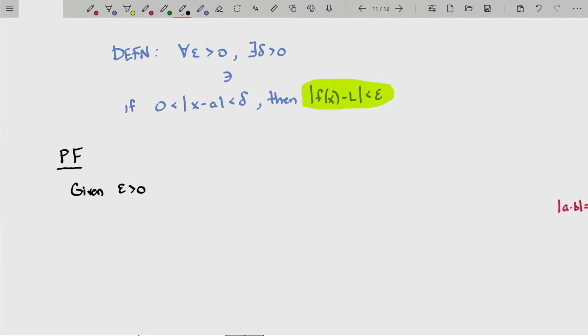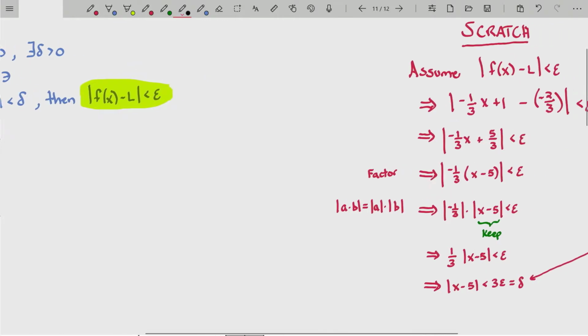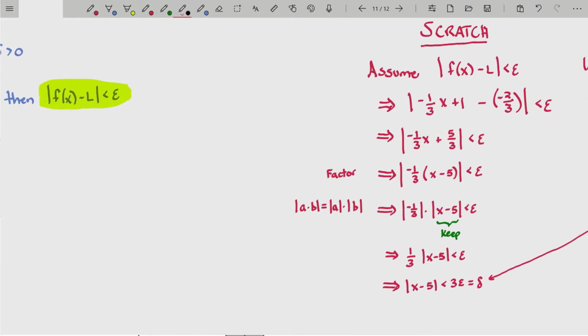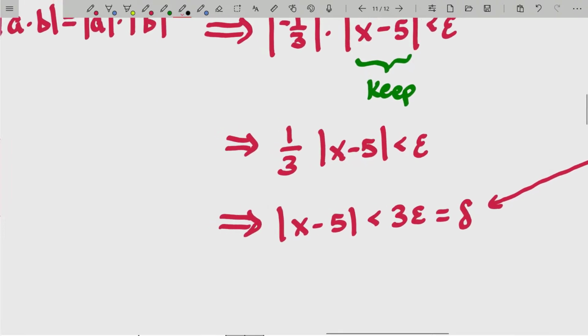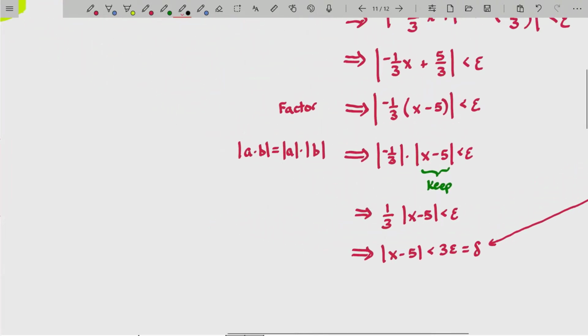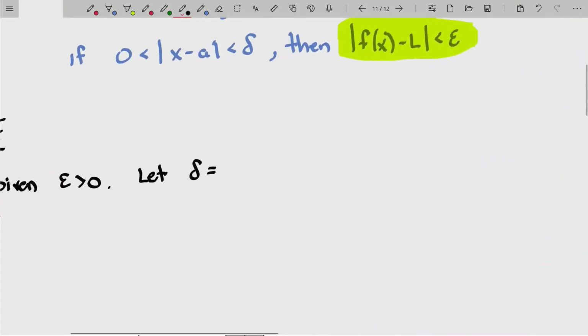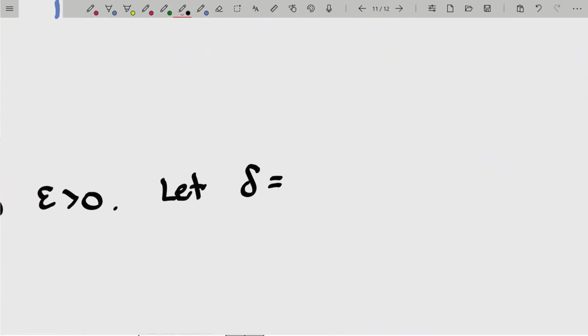I don't know what epsilon is, so it's pretty much any epsilon. Let delta equal, well, what was our choice again? Oh yeah, our choice was 3 epsilon. I'll zoom in here and I'll call this 3 epsilon.